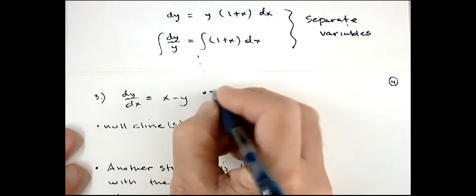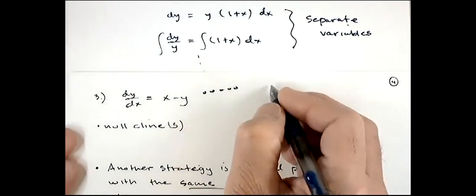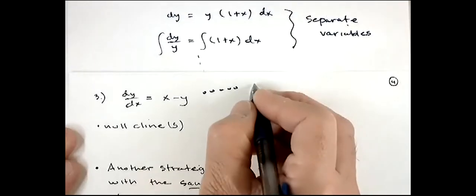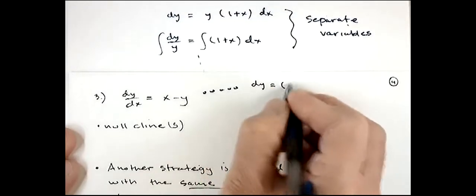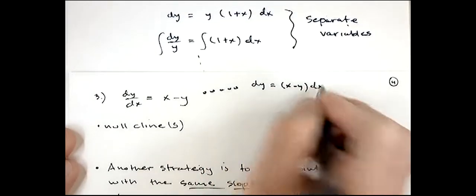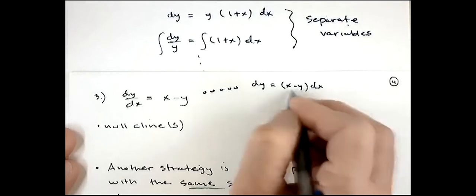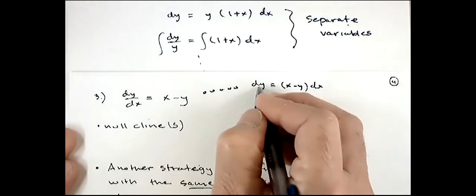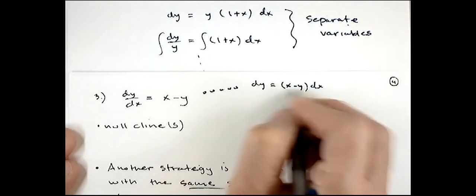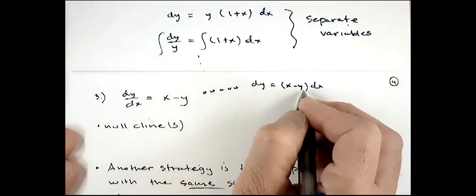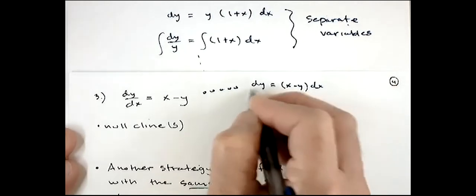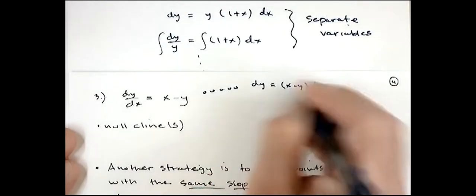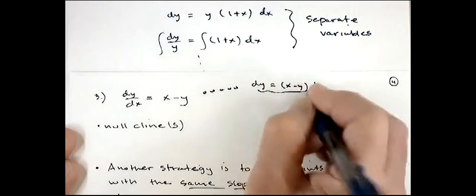It's not going to be separable because if you multiply the dx over, dy is equal to x minus y times dx, there's no way to get this y term over to the dy without bringing the x with it, right? You'd have to divide by x minus y. And then you'd have the dilemma, you have your y over there, but you also have your x over there, which needs to stay here. So you can see just by doing this that this is not separable.